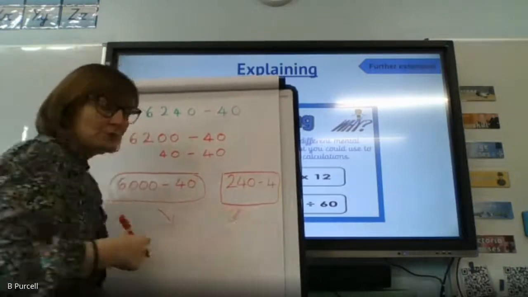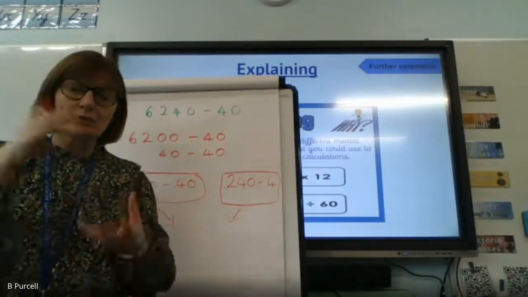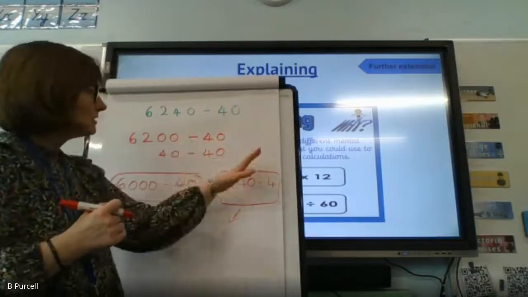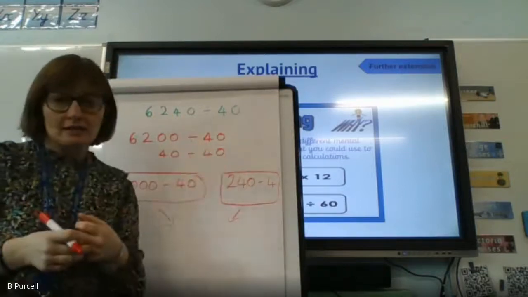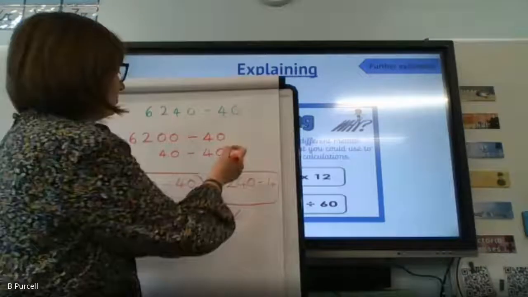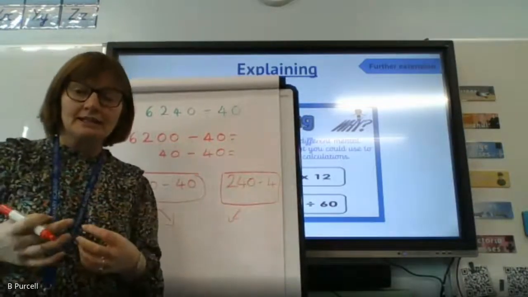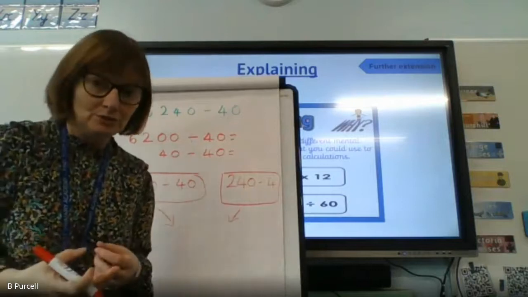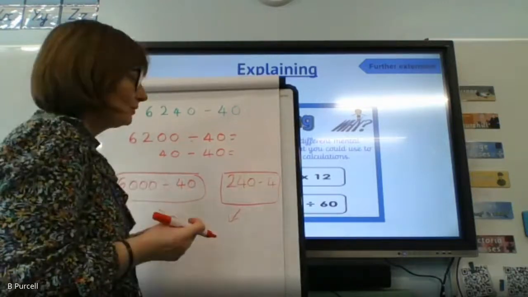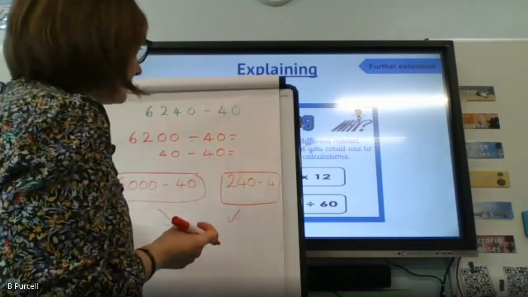And then in the same way that you did for explaining with multiplication, you write what you did and how you got to the answer. So you would calculate that, find your answer, and then explain the method that you used. Show me your correct answer as we go along.